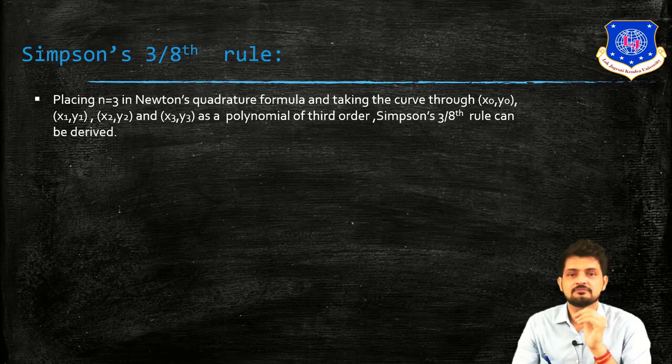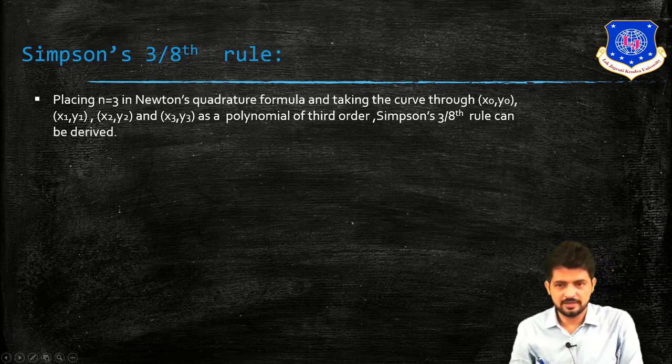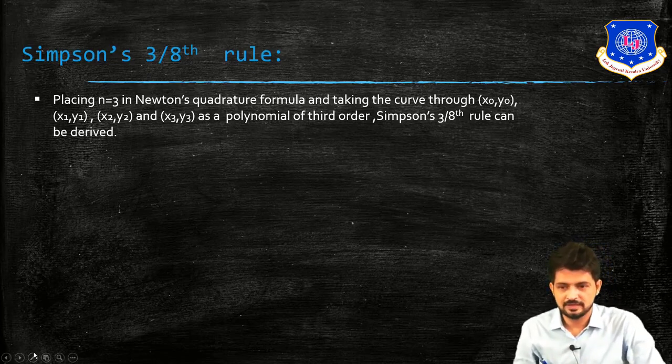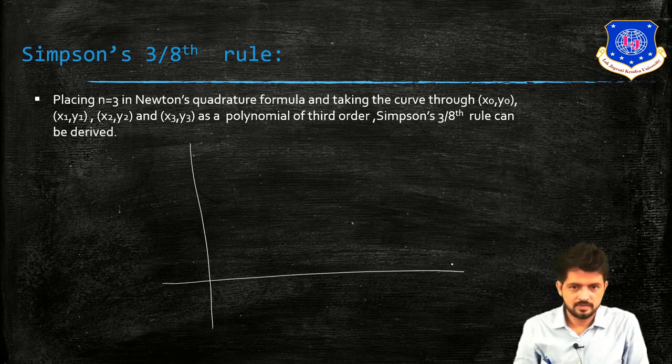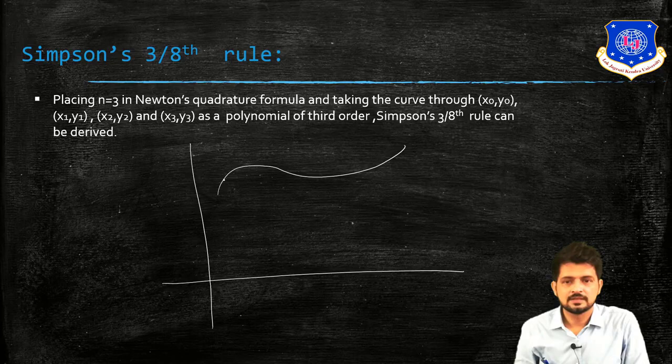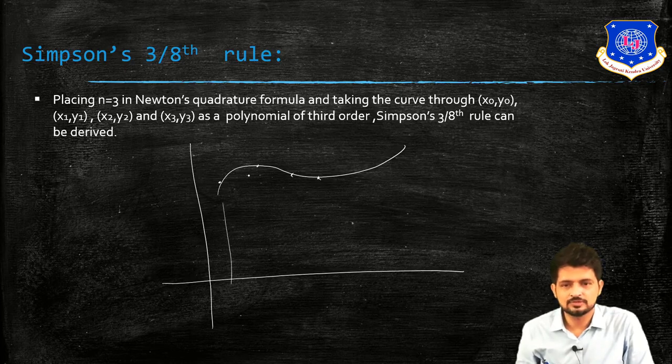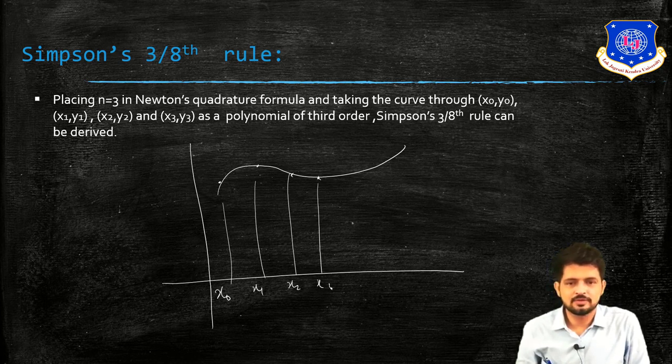See, y is equal to f of x will be the given curve, and we have to take 4 values on the curve. This is the given curve, so I am taking 4 values here. So my integral will be from x0, x1, x2 to x3.